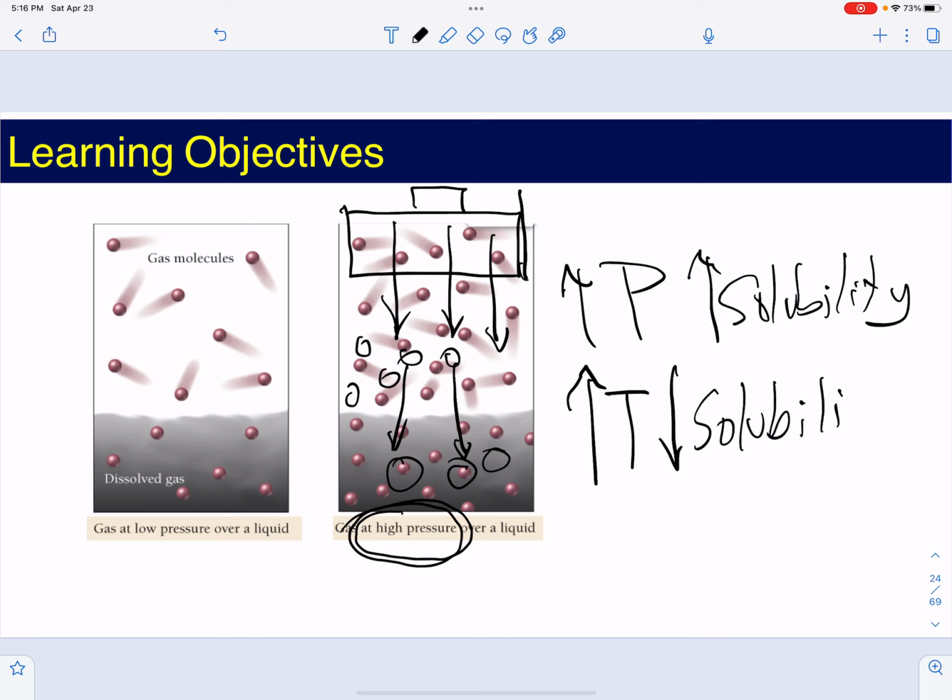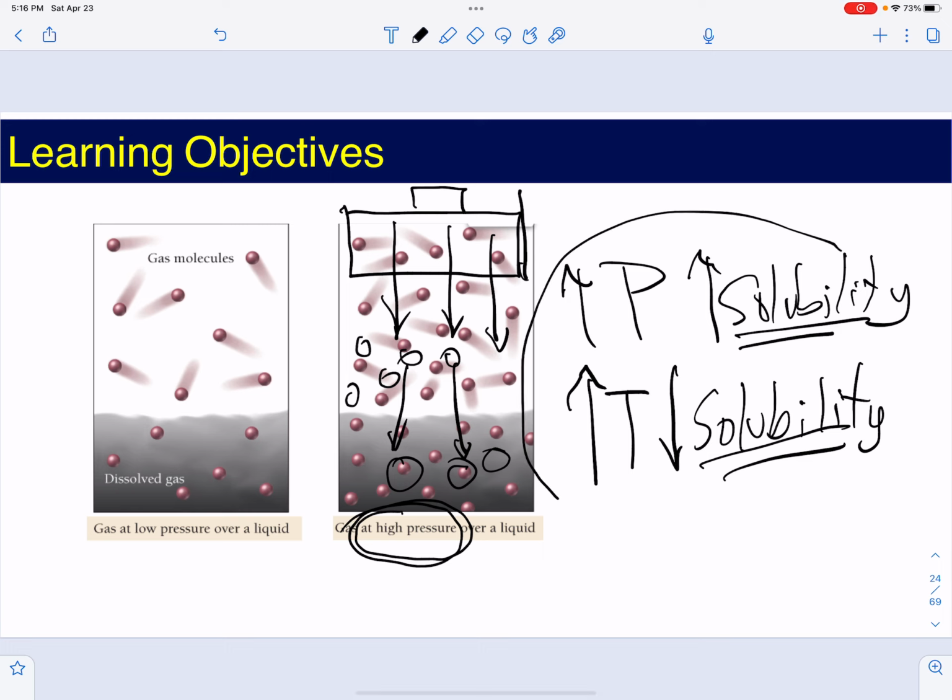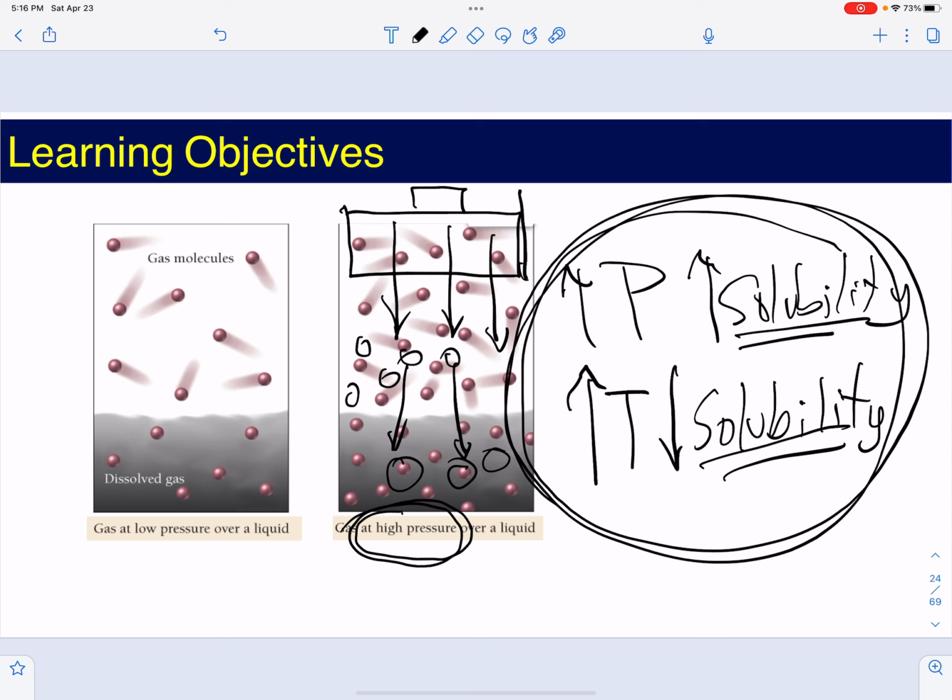And any 3 years old can memorize that. The question is, can you, as a college student, explain why using the kinetic molecular theory of gases and what a solution is? So that's what we're going for, that understanding, not memorizing. If you're all memorizing, you're out of a job, because Google has that taken care of for you.